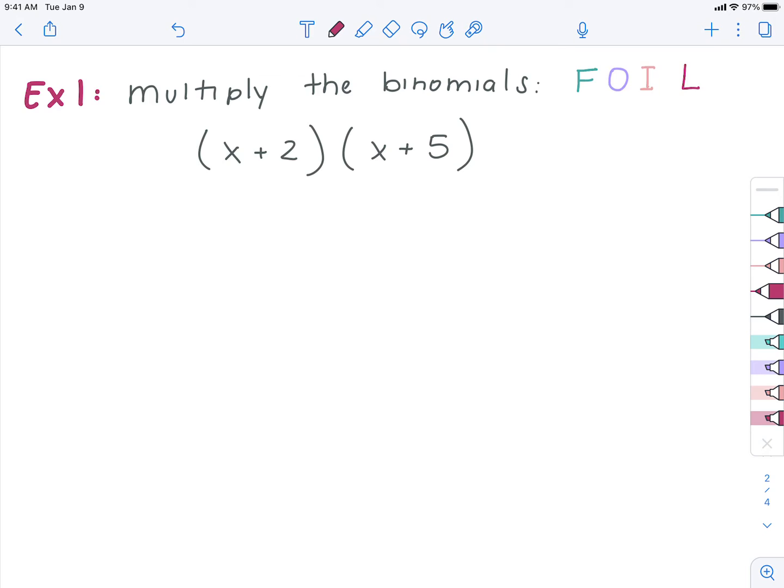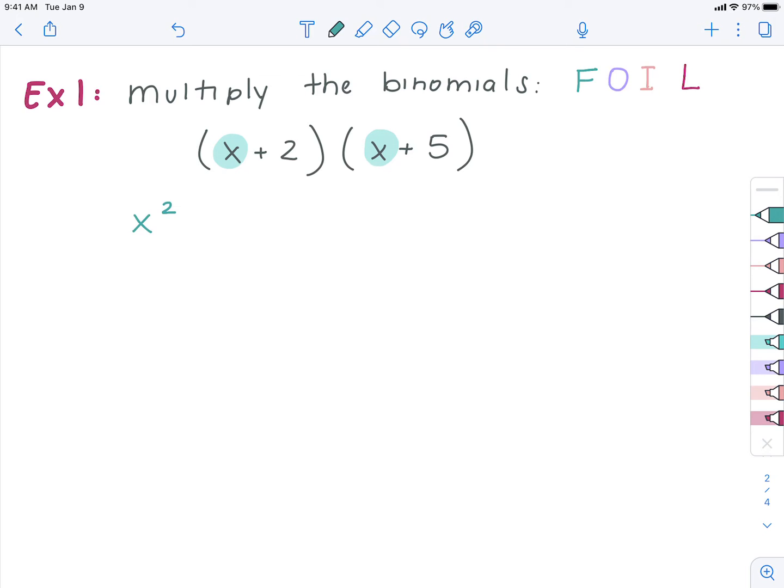So FOIL, the F stands for first. So my first terms, my x and my x, I'm going to multiply my first terms. So if I do x times x, I get x squared, because remember, when I'm multiplying variables, I add their exponents together. So an x times an x, I get x squared.